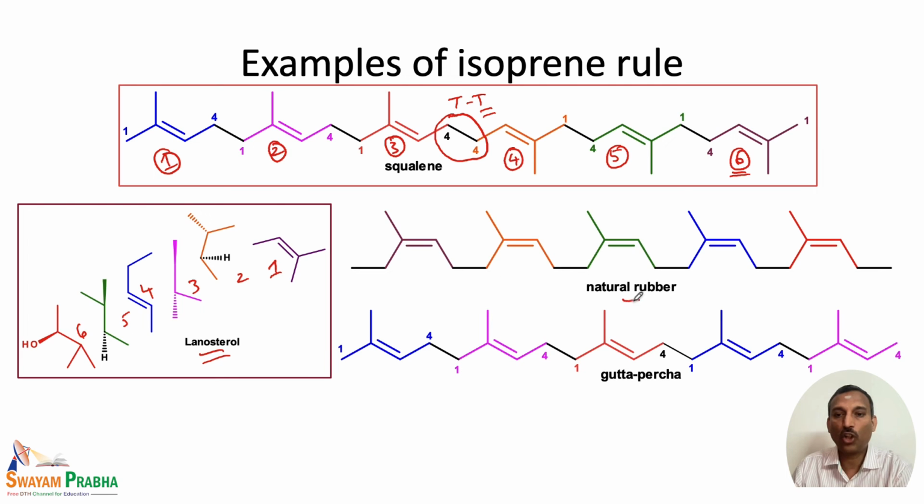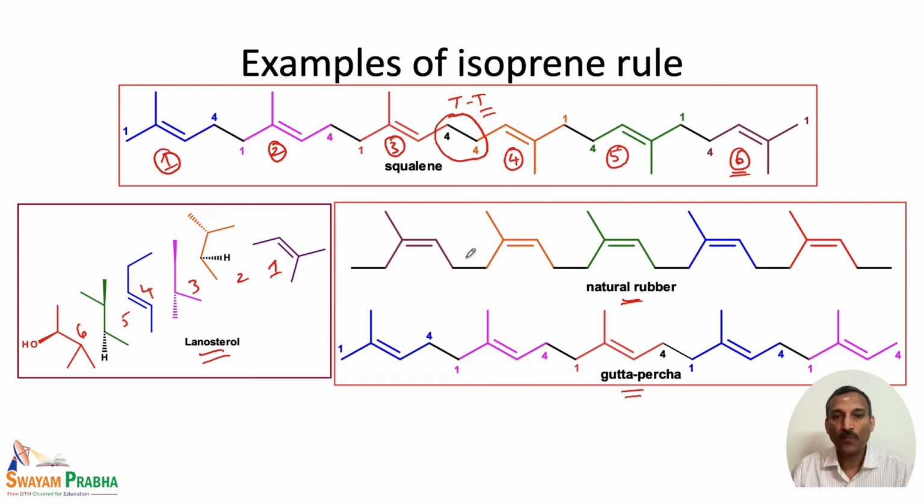We talked about natural rubber, and gutta percha is another type of polymeric material. Here again we follow the same isoprene rule. If you look at the structure, in every place, the one written in black color is the place of connection between two isoprene units. If you look at the number of carbons here, we have 1, 2, 3, 4 and 5.